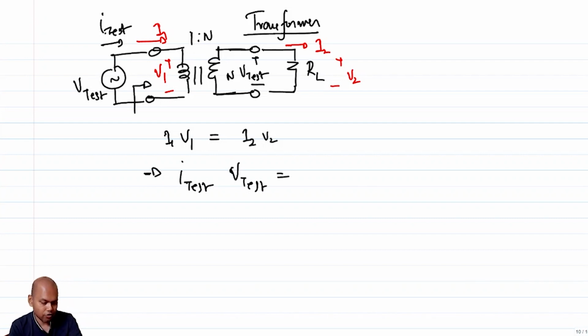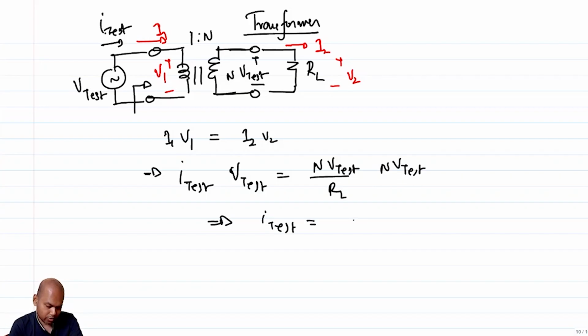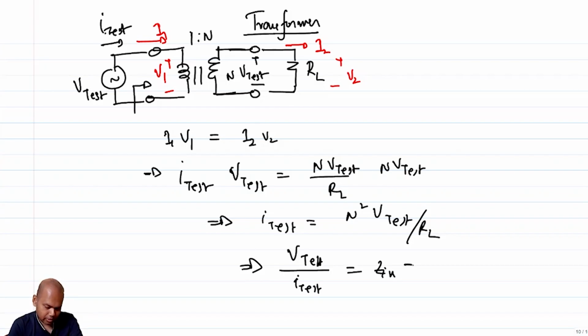I2 is n times V test over RL. What is V2? This is n times V test. So essentially I know that I test is equal to n squared times V test over RL, which means that V test over I test, which is basically the Zin, is equal to RL over n squared, correct?